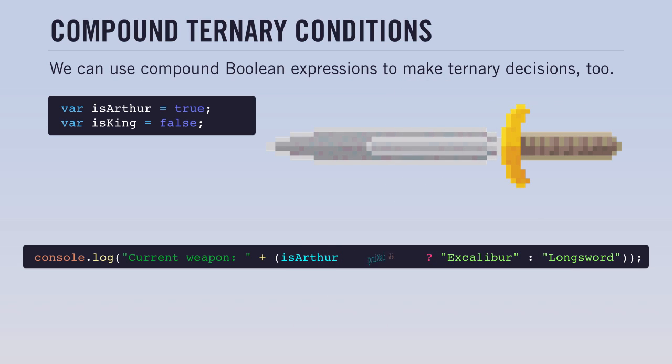You can see we've put a double ampersand, the double and, right down there next to isArthur, and we've put isKing next to it to make sure that both of those things are true before we select a condition. Once we've done that, the question mark takes a look at isArthur, finds true, takes a look at isKing, finds false though, and so that whole compound conditional evaluates to false, and we'll choose the right-hand side of the colon, or the longsword.